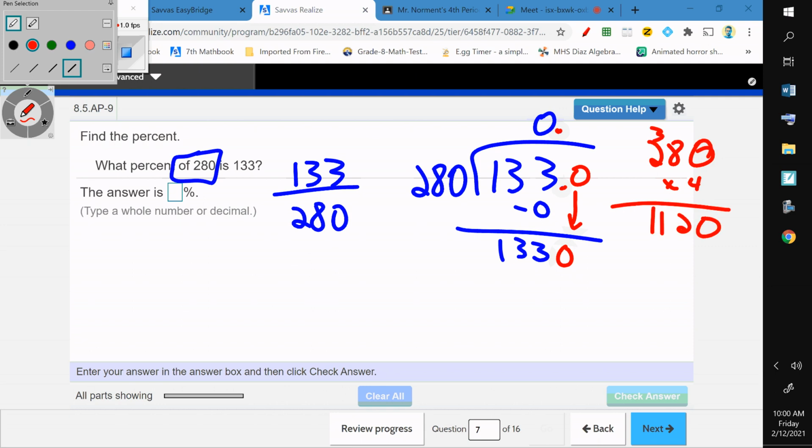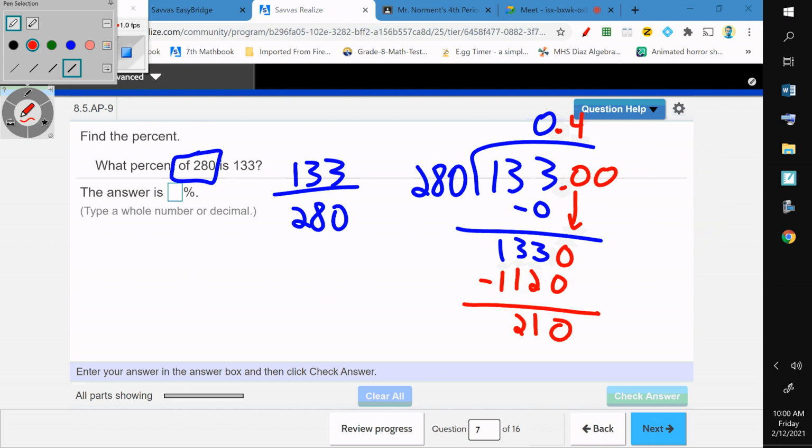So I'm pretty sure this times 4 is going to be the number that I'm looking for. 11, 12, let me see. When I subtract, is my difference less than 280? Yes, just barely, which is good. So I'm going to put a 4 here. I'm going to add another 0. Get rid of this. Bring this down. And 280 goes into 2100 7 times? 300 times 7.